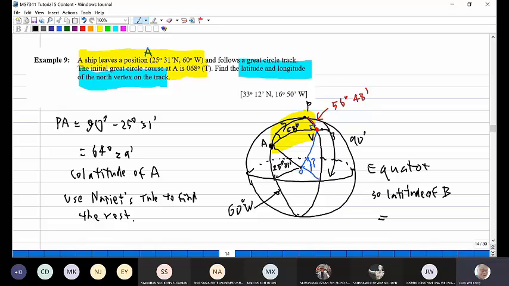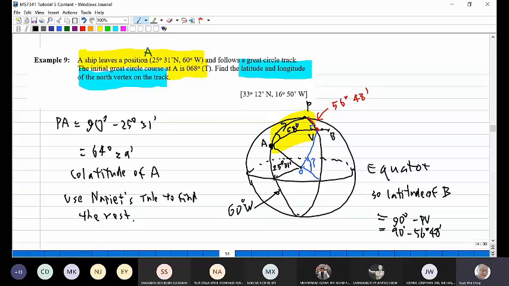So you take 90 degrees minus PV here, we get 90 degrees minus 56 degrees, 48 minutes here.